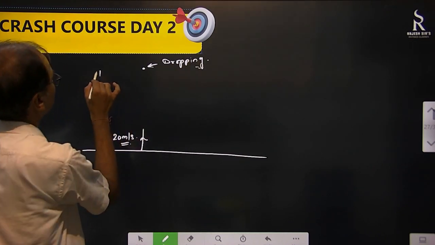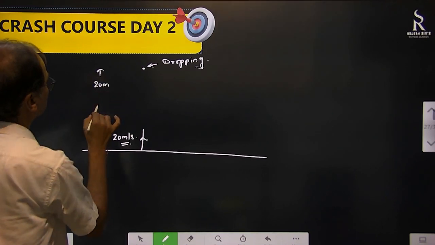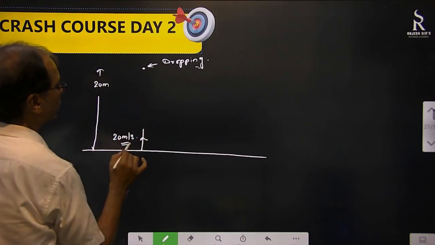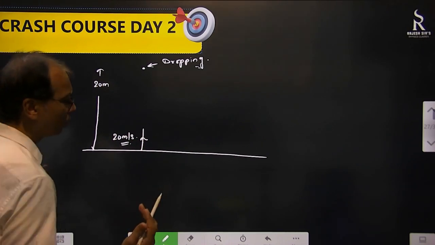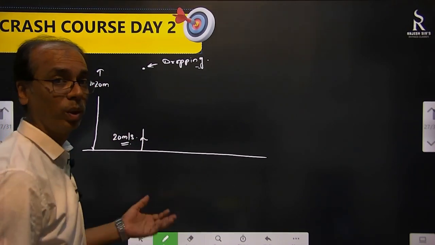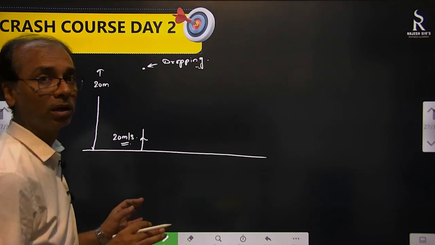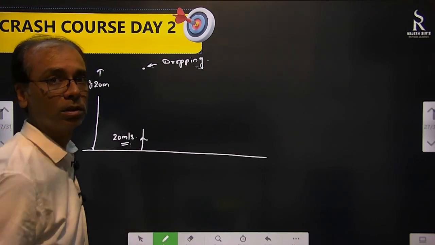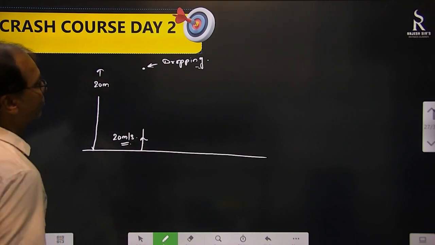This height is 20 meter. When are they going to collide? Whenever there is a question of meeting or overtaking, two balls or two particles, we will go for the relative motion.